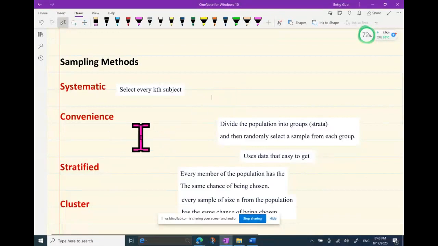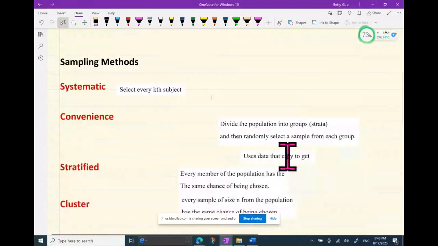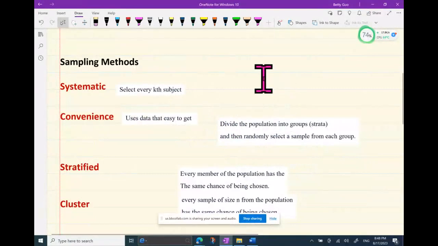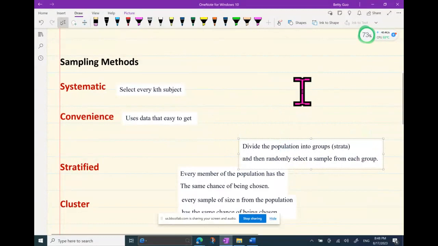All right. The next one, convenience sampling method. Which one sounds right? Yeah, this one, which is easy, right? For example, I want to take a sample from our class.